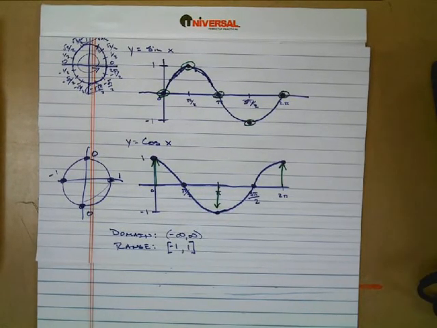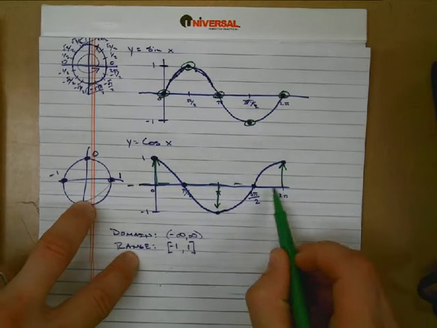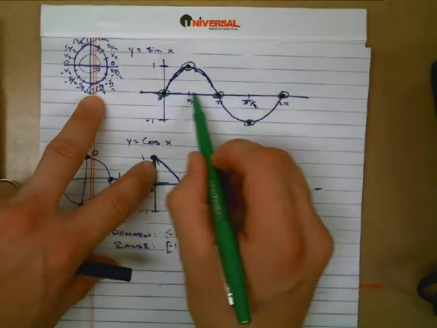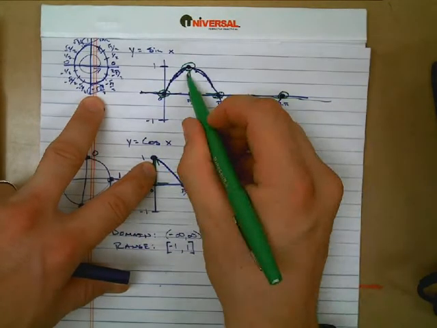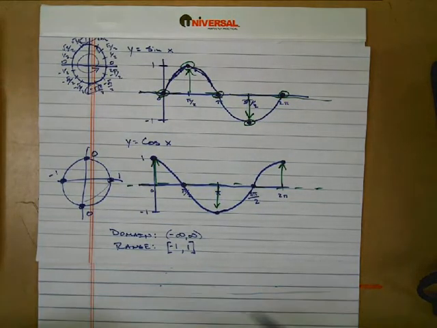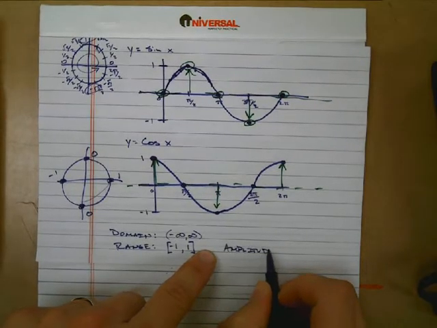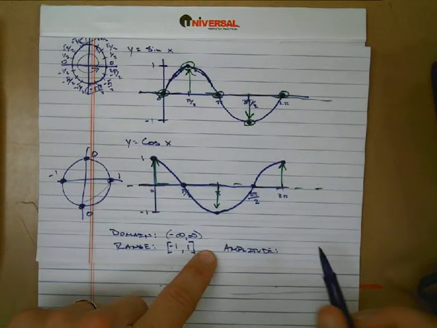That defines two different terms as far as these functions are concerned. The height of the peaks, or the depth of the valleys, is referred to as the amplitude. And in standard form, or the parent functions for sine and cosine, the amplitude is just 1.